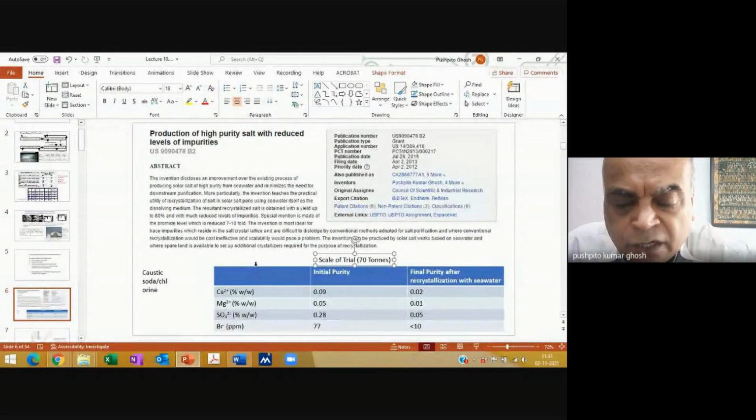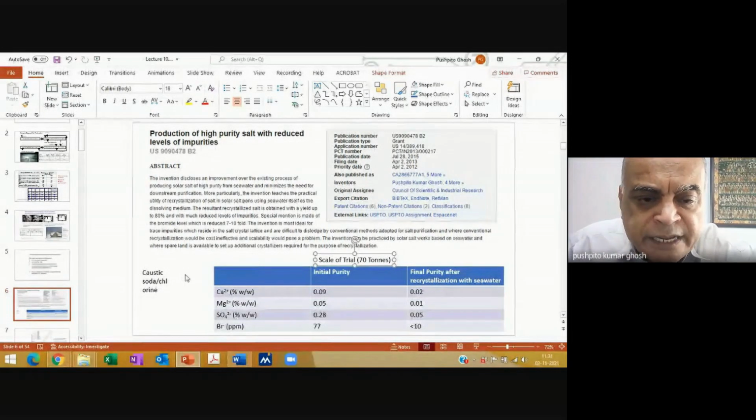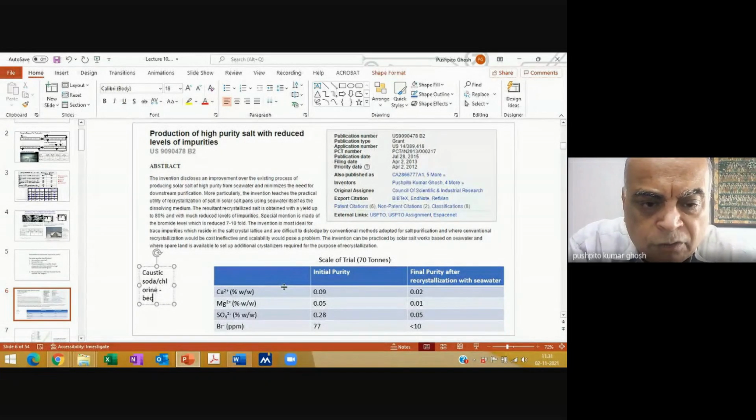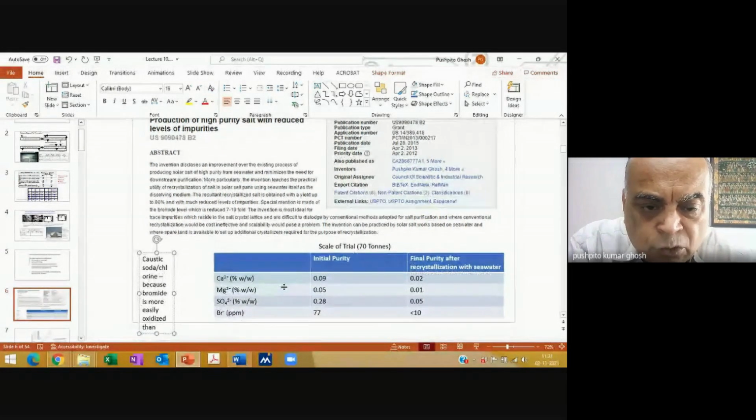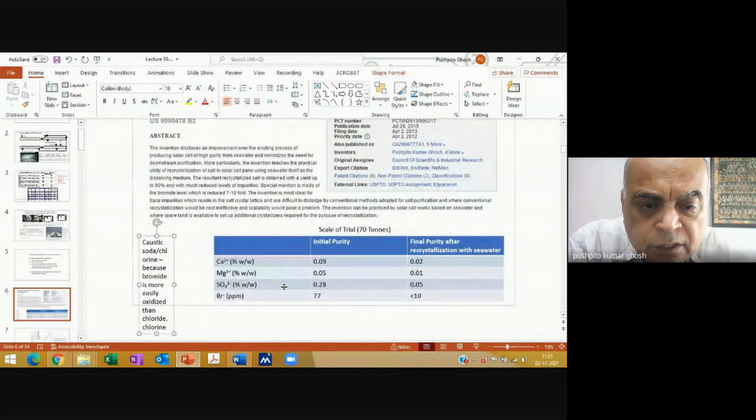Or I can take it in solution, which is what the chloralkali process is. But in either case, because bromide is more easily oxidized than chloride, chlorine will have bromine.